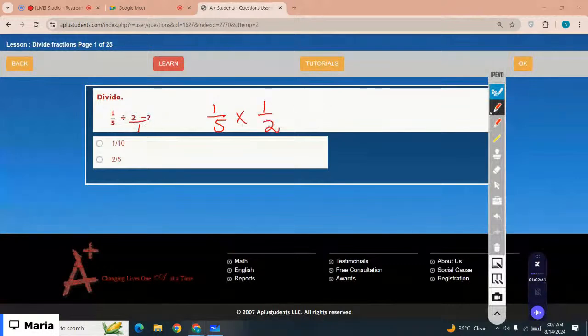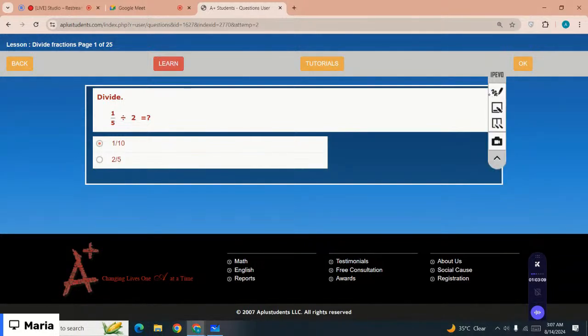So multiply numerator times numerator, 1 times 1 is 1, and 2 times 5 is 10. So the correct option is 1 over 10. Option number 1 is the correct option.